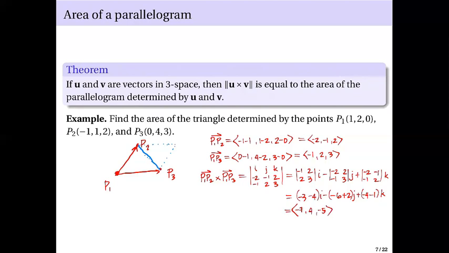Therefore, the area of the triangle is 1/2 the norm of that P1, P2 cross P1, P3.